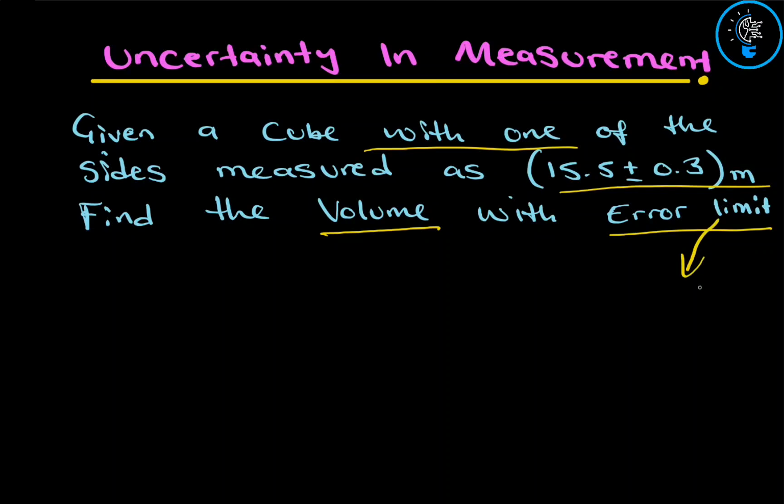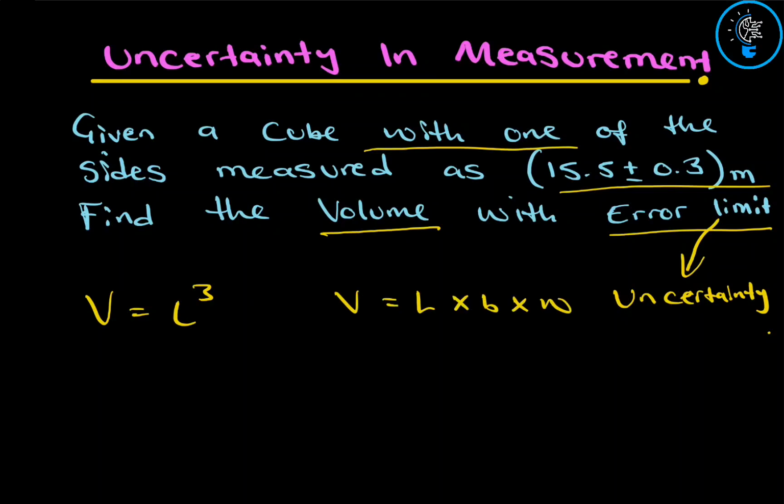So when you hear of error limit, it's the same as uncertainty. So we are told to find the volume. So now we know that the volume of a cube is L to the power 3. Or you can use V equals L times B times width. Now we know that this side and that side are equal to L, so we can write it this way.